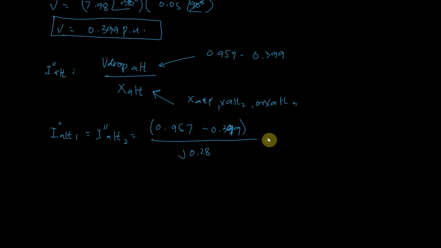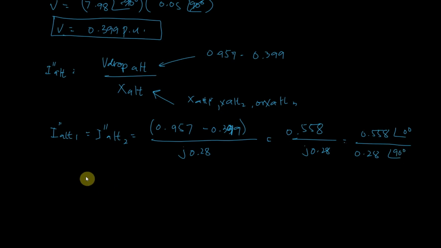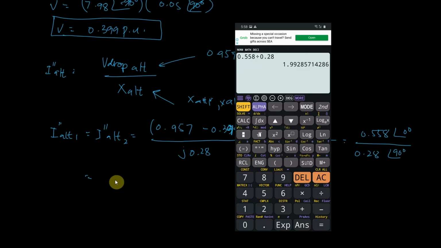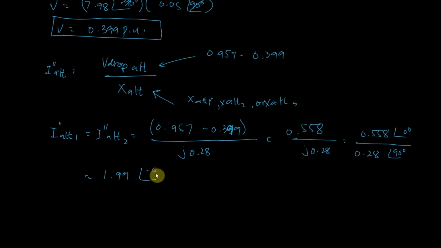Okay, so malalabas dyan is 0.558 divided by j 0.28, or equal yan sa 0.558 cis of 0 divided by 0.28 cis of 90 degrees. Okay, so equal to 1.99 cis of negative 90 degrees.